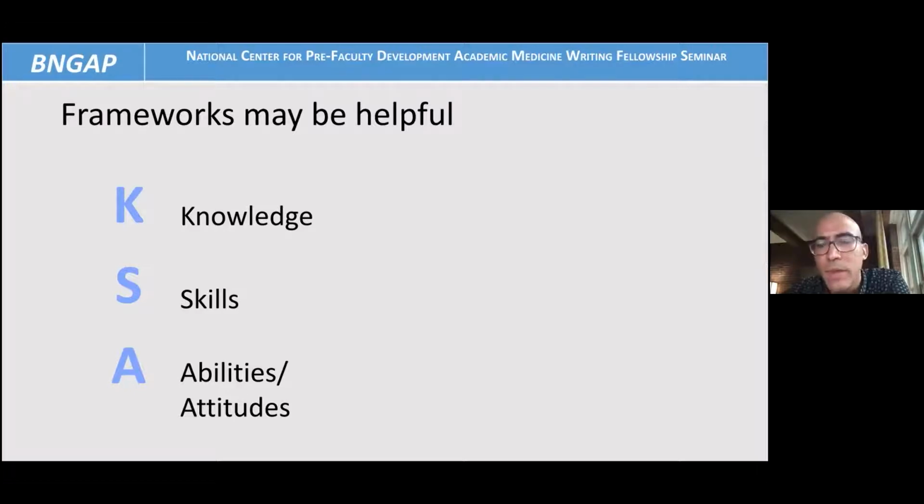Oftentimes this comes up in our educational evaluations as confidence. At the end of the session, having learned some of the knowledge and some of the skills, how confident do you feel in your abilities or attitudes to perform the task at hand?